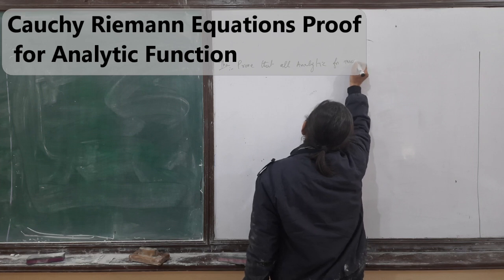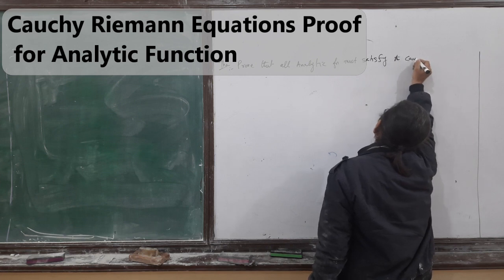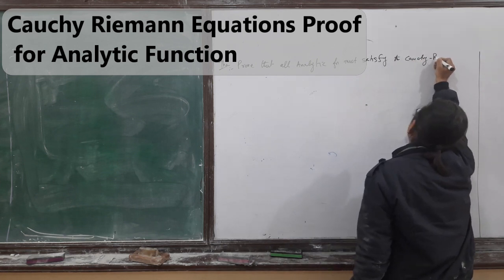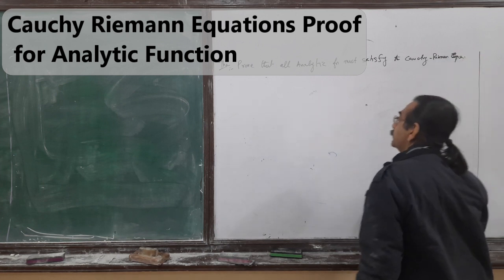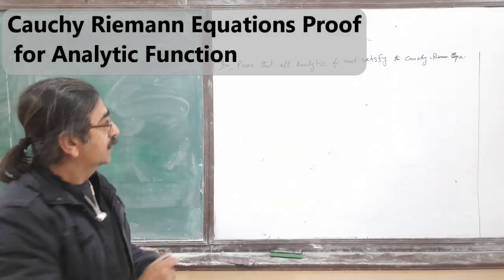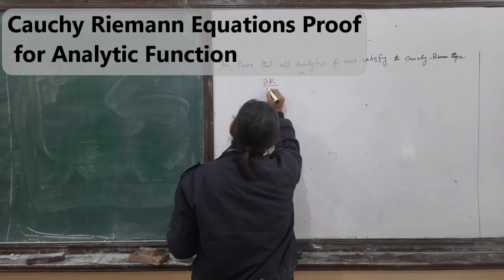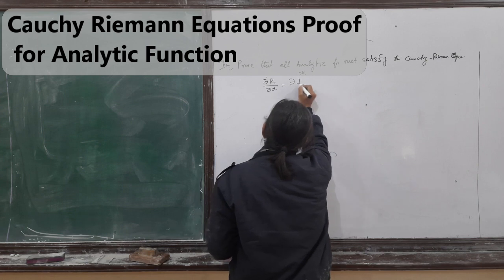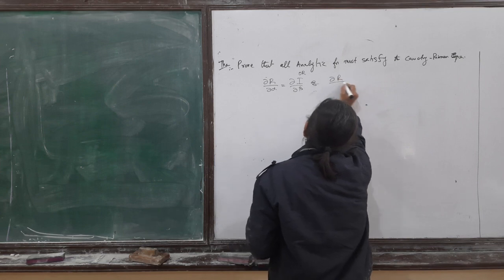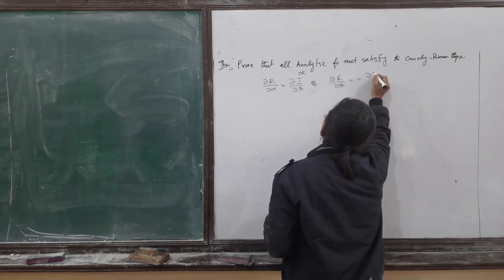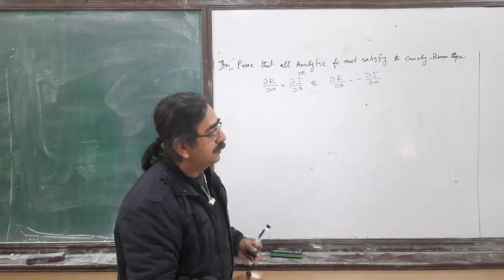The function must satisfy the equation. Okay. Partial R over partial alpha must equal partial I over partial beta, and partial R over partial beta must equal minus partial I over partial alpha.